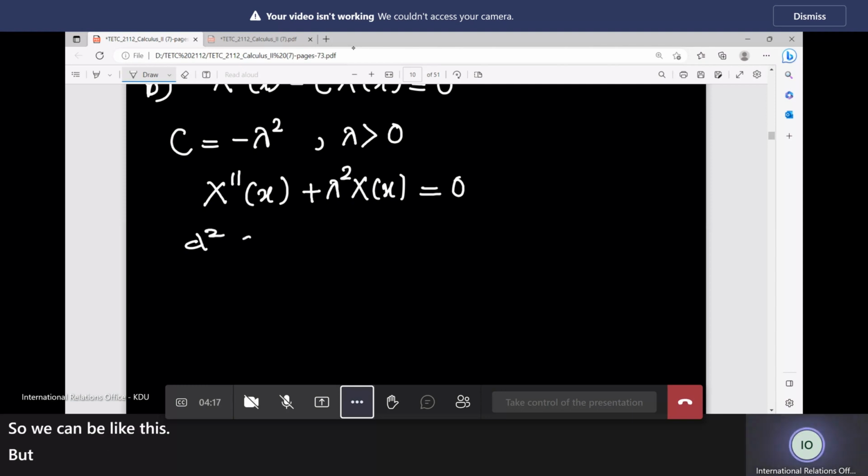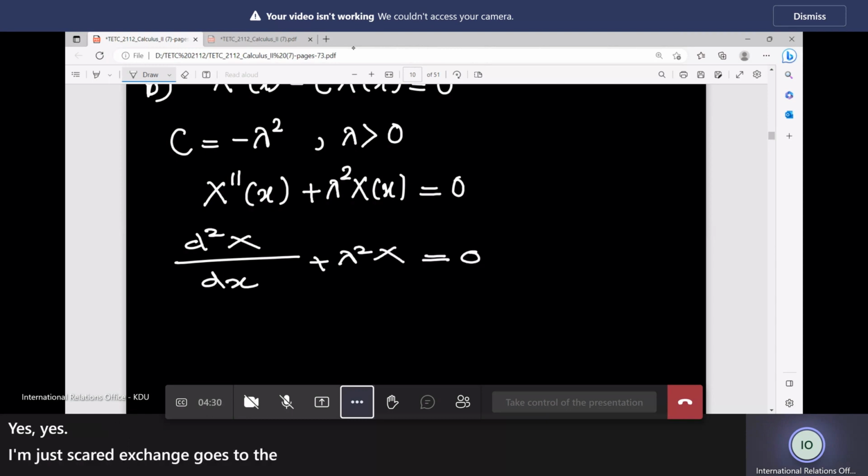Third capital X, X, I'm just scared. X is equals to 0.